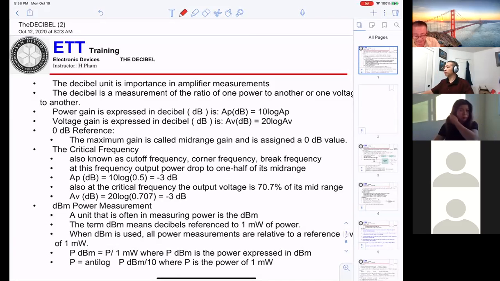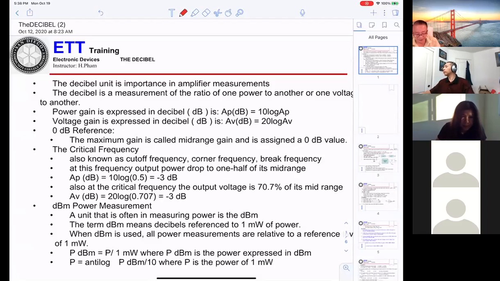Power gain expressed in decibels, A_P in dB, equals 10 times log of A_P. And the voltage gain in dB equals 20 log of A_V.